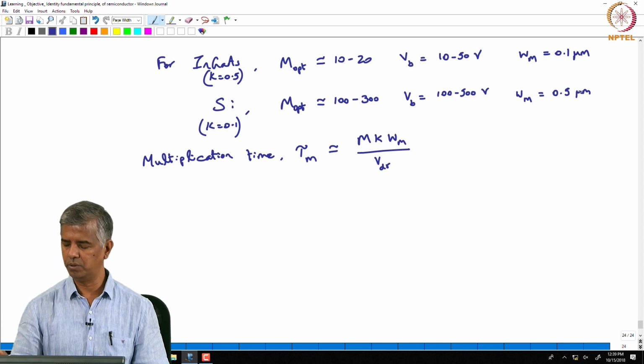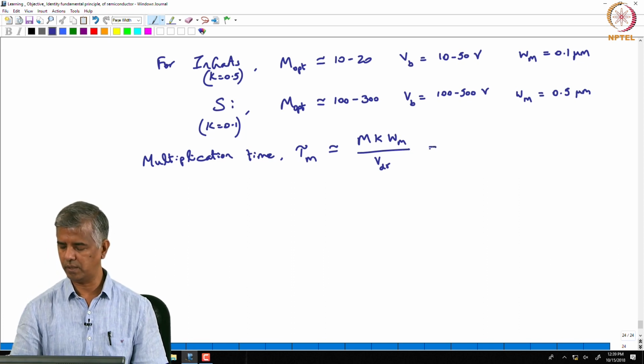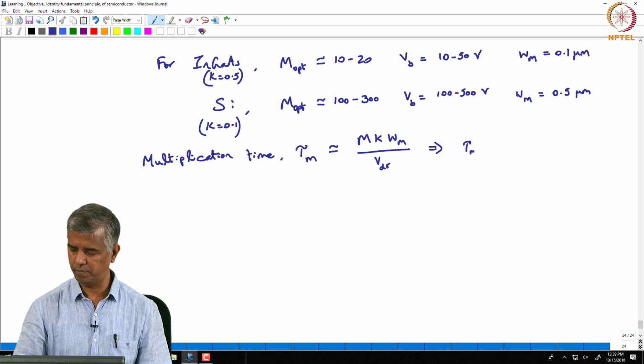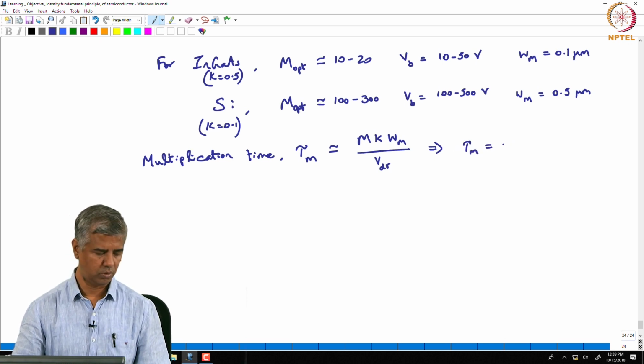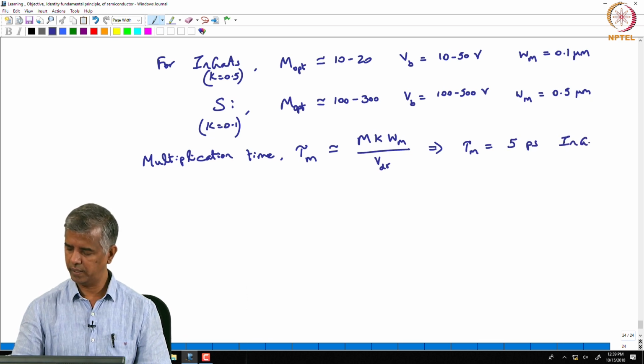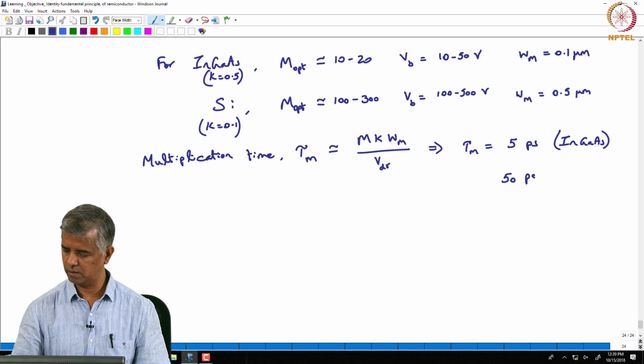If you substitute in here, you find tau m equals 5 picoseconds for indium gallium arsenide, whereas it is on the order of 50 picoseconds for silicon.